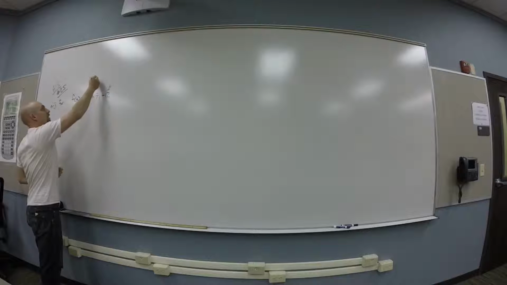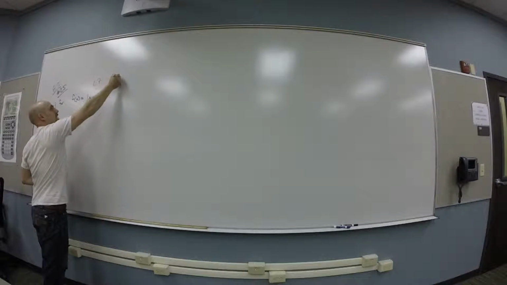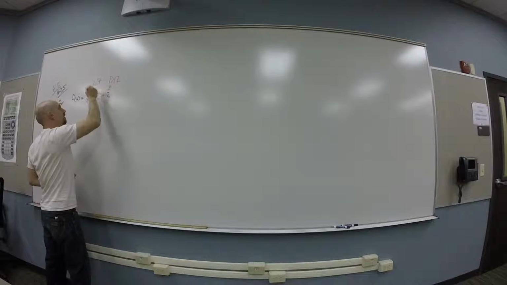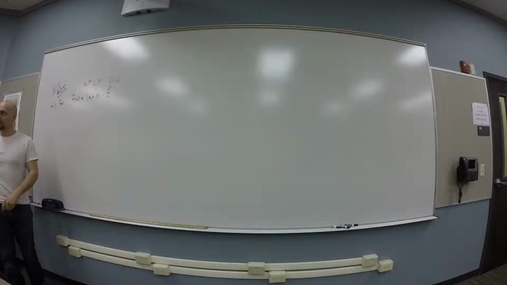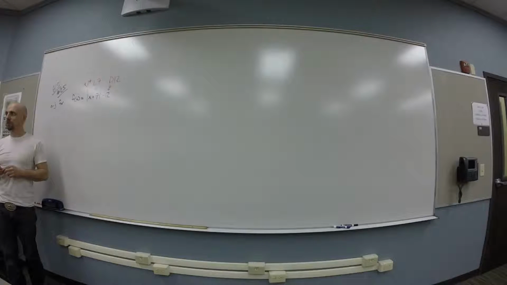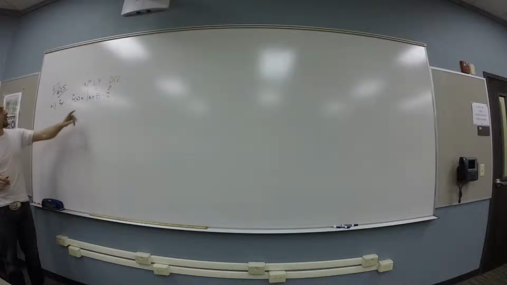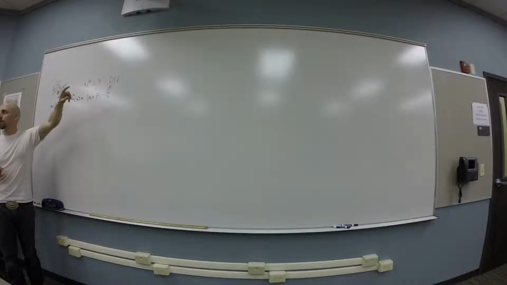So I got left 7, down 12, and this little dude makes a V shape. You guys cool with this? So I've got a V shape, left 7, down 12.